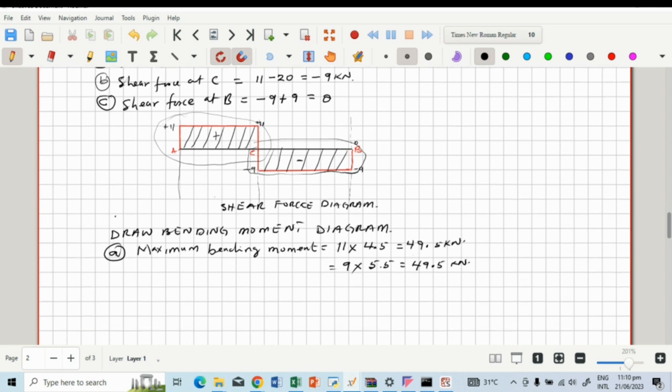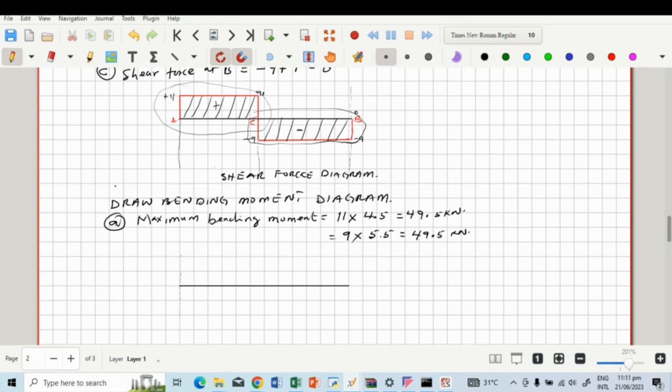So let us go ahead and draw the bending moment diagram. So again, we'll draw arbitrary lines. We'll try and make it the same as the previous one. So we can bring it down here, and then we have another imaginary line at C and then finally at B. Right. So this is kilonewton meter, because it's a moment.